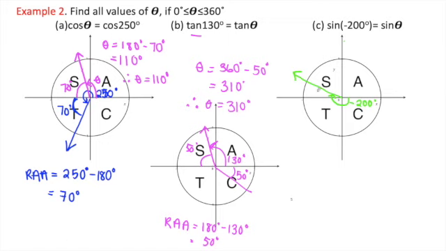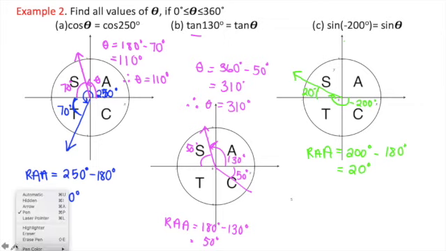Your easiest, again, is to find your related acute. So related acute is going to be 200 degrees minus that 180, which is going to be 20 degrees, okay? So you're going to find this positive angle here first, so I'll just draw it in red. You're going to find that principal angle, because remember the negative 200 is not your principal angle because it's not positive.